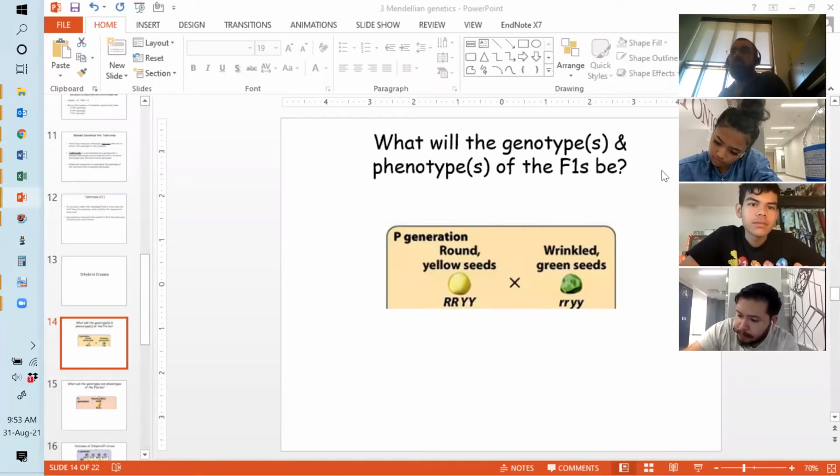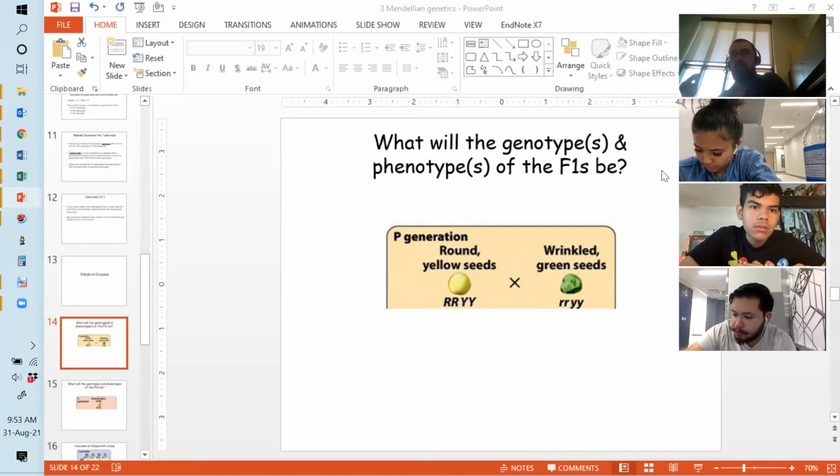One parent will be homozygous dominant for a particular gene. The other one will be homozygous recessive. The F1s will always be heterozygous, doesn't matter how many genes you're looking at.